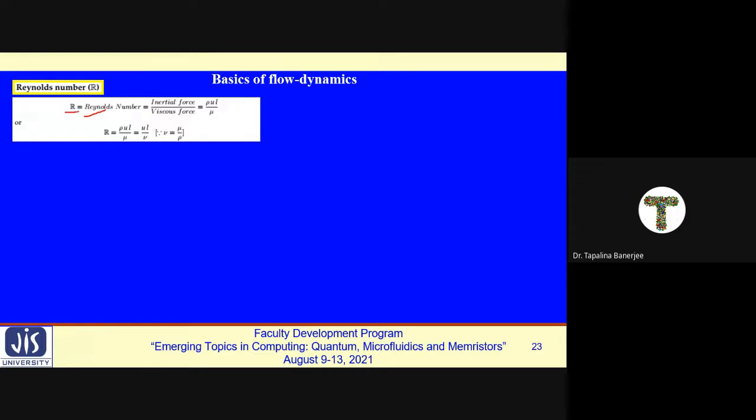Now, the Reynolds number should be lower than 2300, so that it ensures laminar flow in our fluidic network. So here is the concept of calculating the Reynolds number.